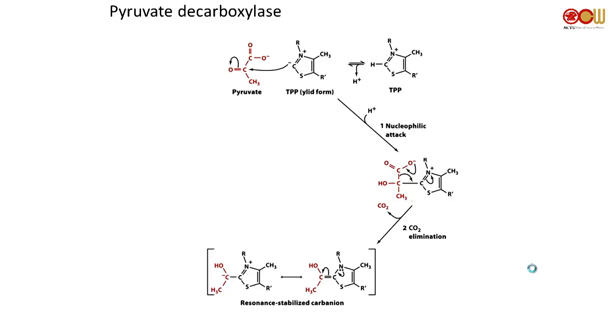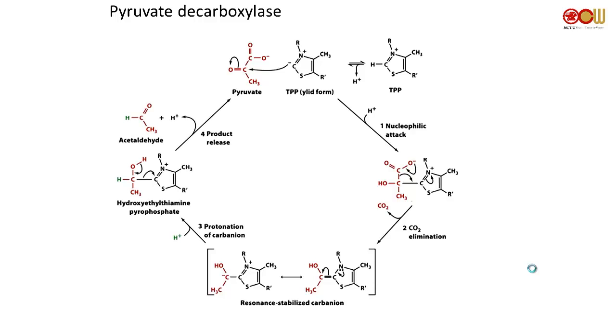Okay, so stable and unstable is a relative term. So that's the way to think of it. And then you can see how once you kick out the CO2, you just have to pump the electrons back in, and then at the end of the day, you get acetaldehyde.